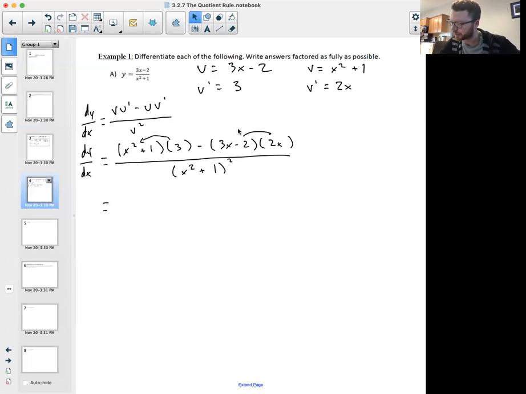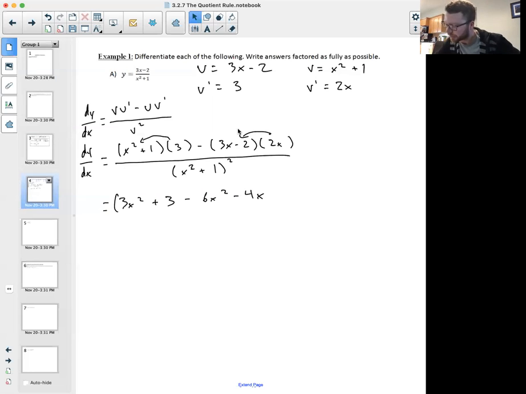We'll distribute these in. So this will equal 3x squared plus 3 minus 6x squared minus 4x. We need to be careful.